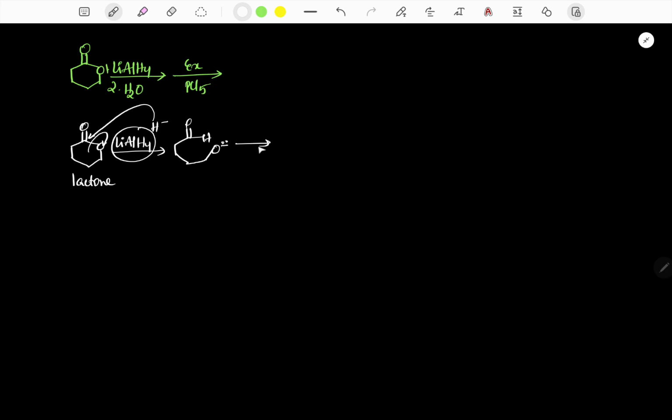Now this aldehyde again reacts with H minus, the pi bond shifts, and the corresponding product is O minus and O minus. After acidification the products are OH and OH. So this is a carboxylic ester reduction with lithium aluminum hydride.